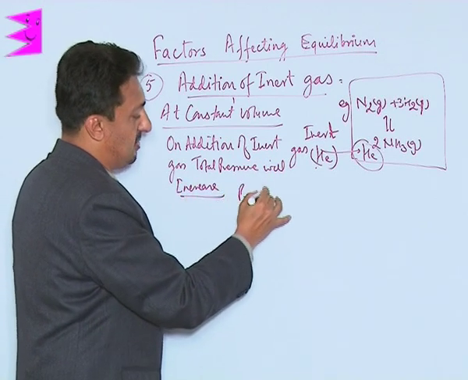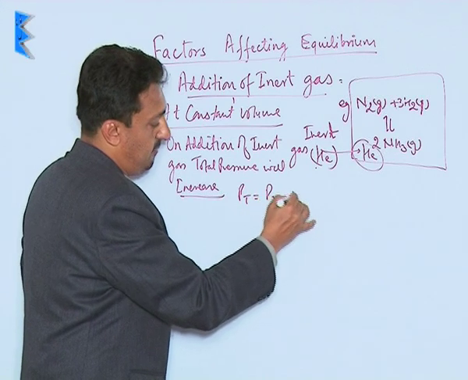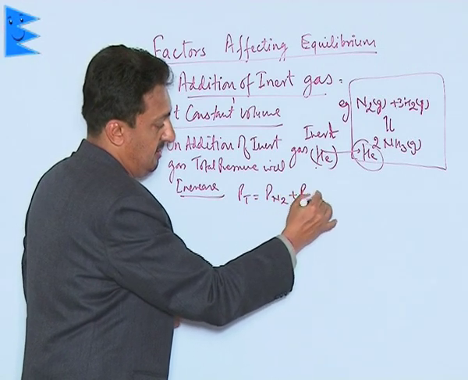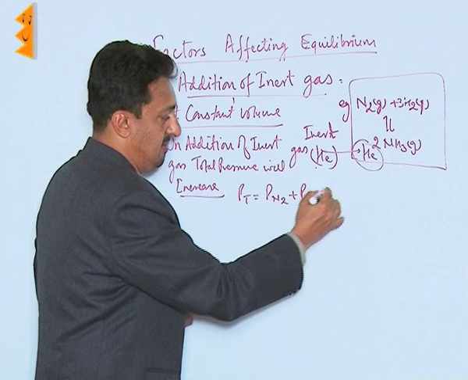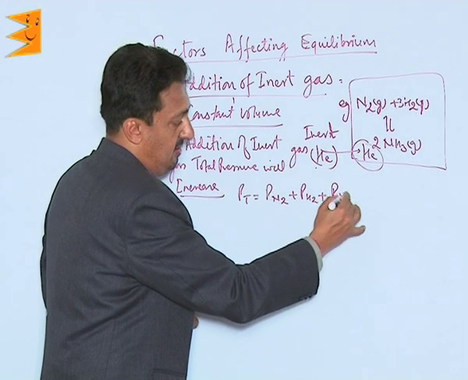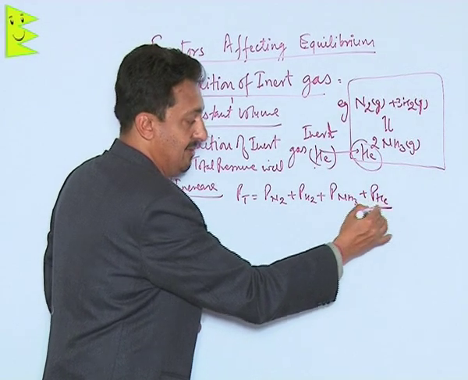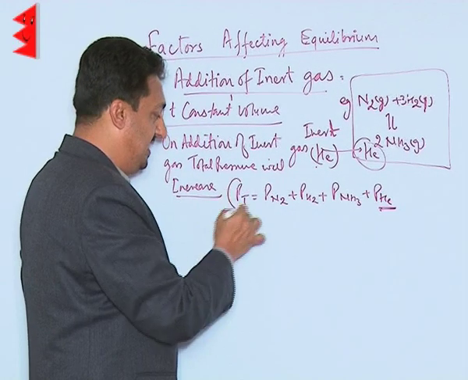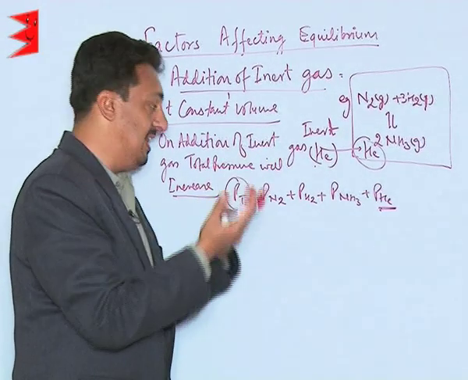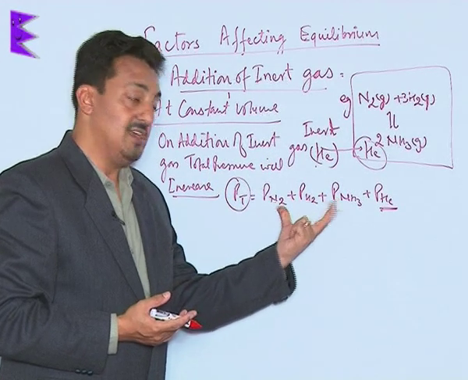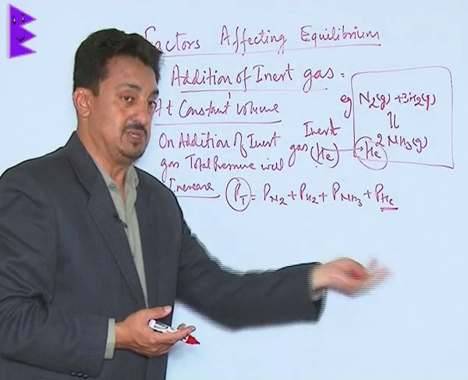That means now P total will be equal to the partial pressure of nitrogen plus the partial pressure of hydrogen, the partial pressure of ammonia, and now we have helium also. So this P total will increase because earlier we had only these three, now we have this fourth gas also.